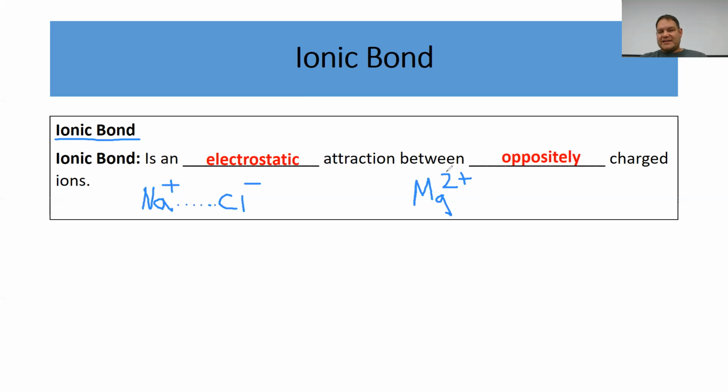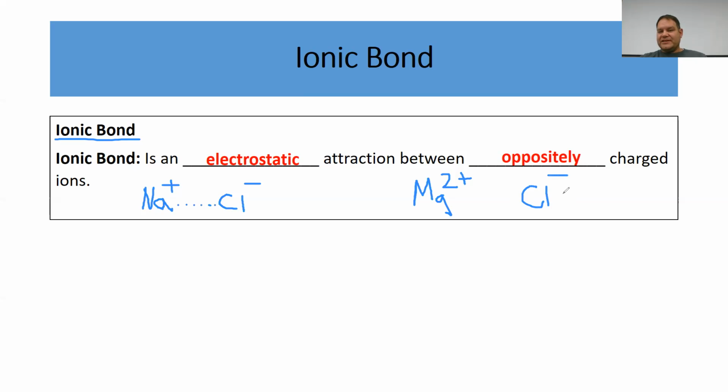Essentially, magnesium somehow needs to form an ionic bond with a nonmetal that will allow it to balance out those charges. So let's say there's a chlorine. Well, we just talked about the fact that chlorine only needs to gain 1 electron. It's not going to gain 2 electrons.